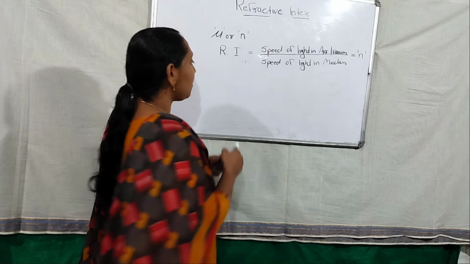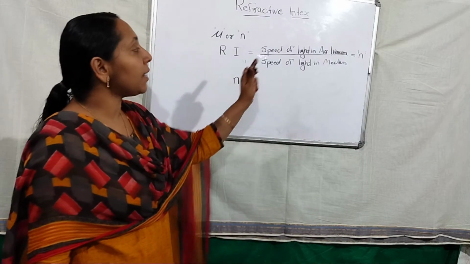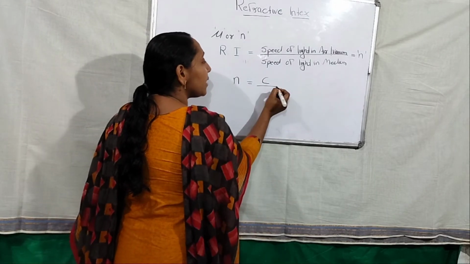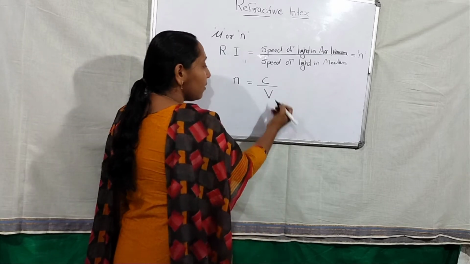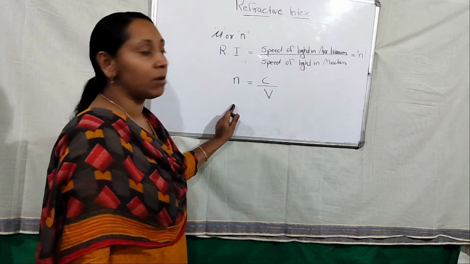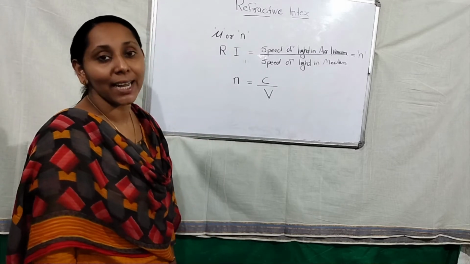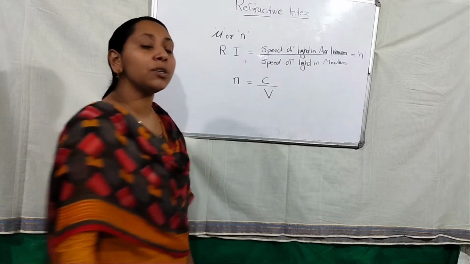So n or mu is the symbol of refractive index. Speed of light in air is denoted by c, and speed of light in medium is v, velocity v. So n or mu equals c by v. What is the unit of speed?